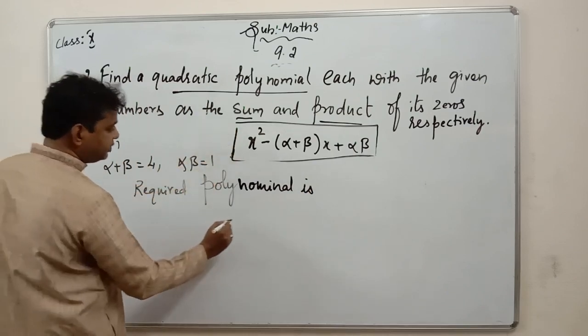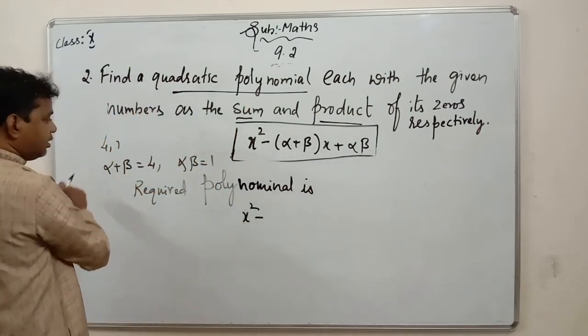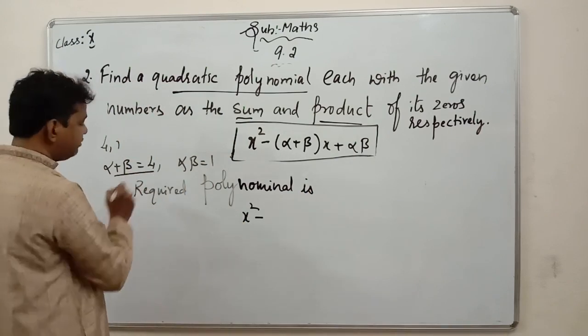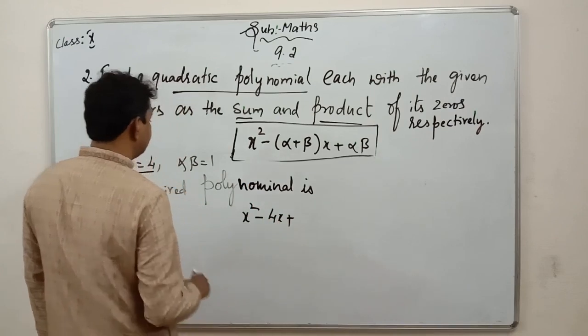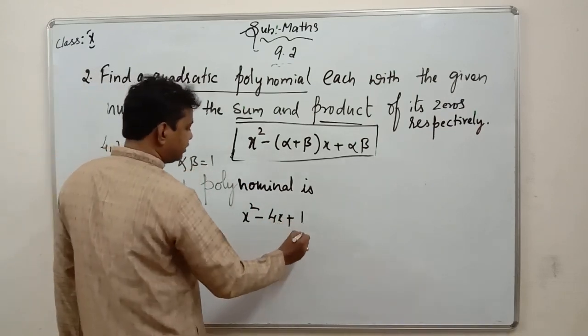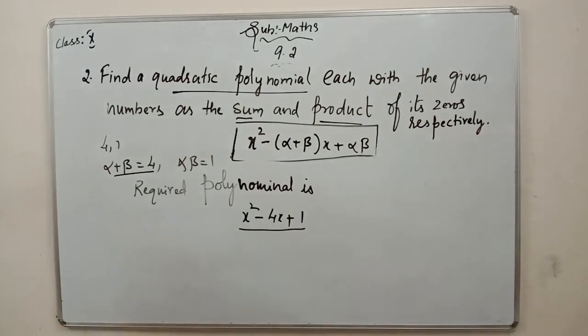We have x square, keep x square as it is, minus what you have alpha plus beta here, 4 is given, so you can write 4x here, plus alpha and beta is 1. So the required polynomial is x square minus 4x plus 1. Okay, this is the last problem I think in this exercise. Copy the problem.